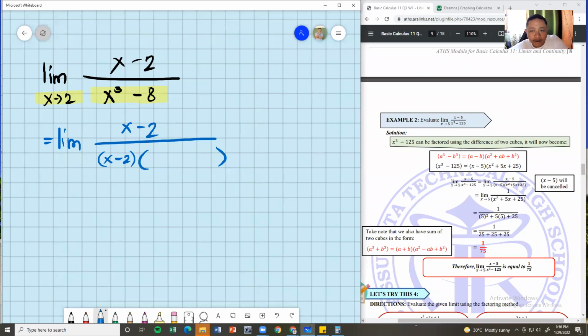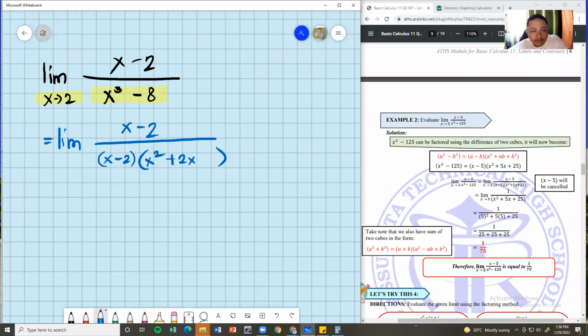Then get the square of your first term. The square of x is x squared. Then multiply the first and the second term, x times negative 2, that's negative 2x. Change the sign, it becomes positive 2x.